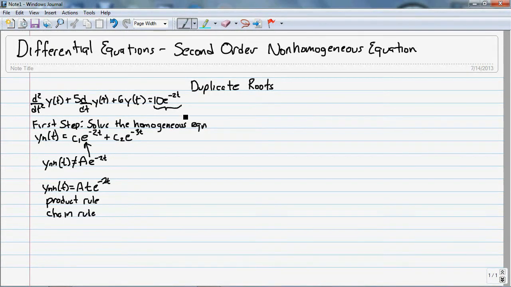So let's do the derivatives over here just to make work a little bit easier. If we do the first derivative here, remember that the constant a can just come out.